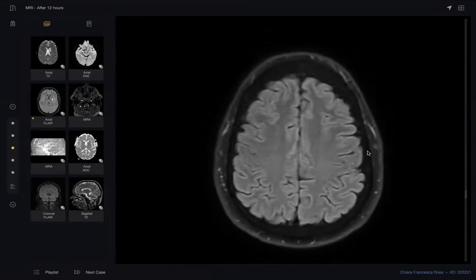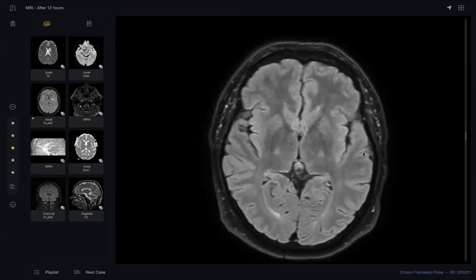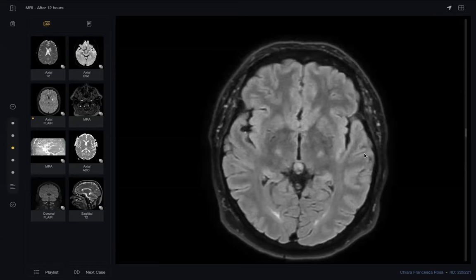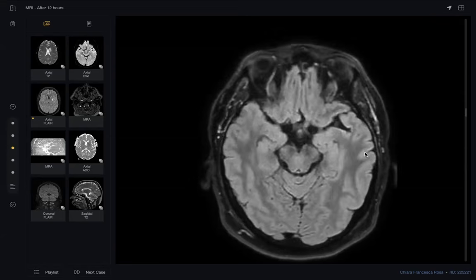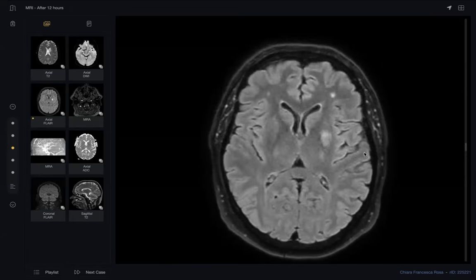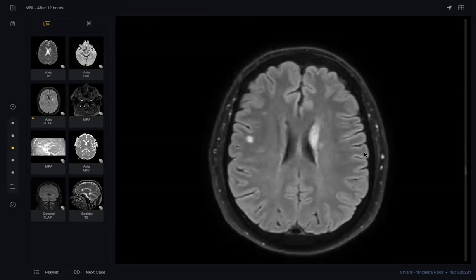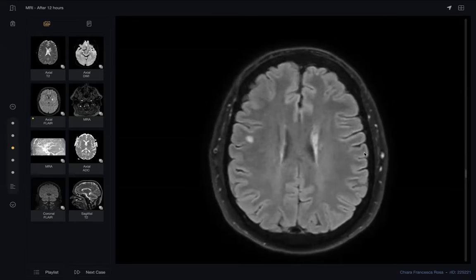In addition to the hyperintense signal in the left parasylvian region, there are other hyperintense foci as well in the left frontal and right regions. There is no associated mass effect.